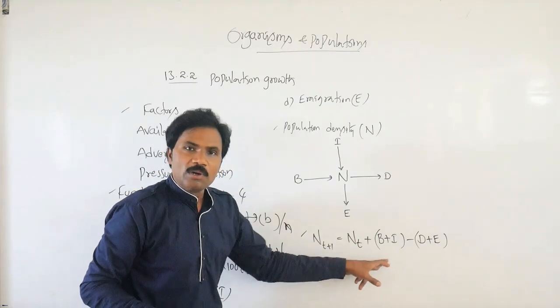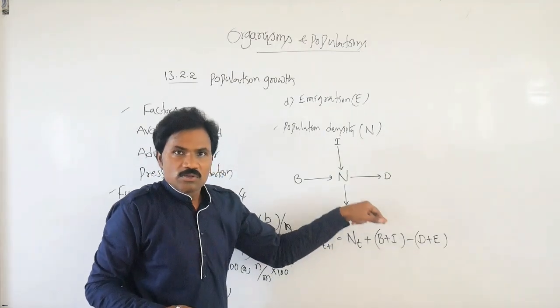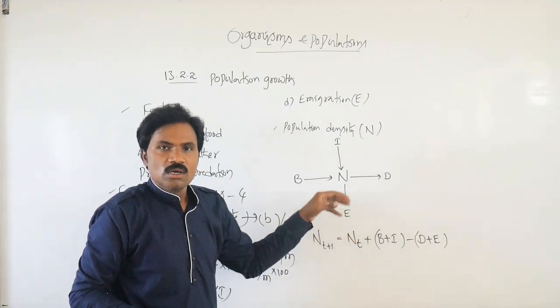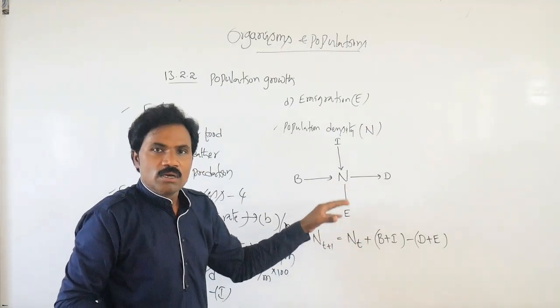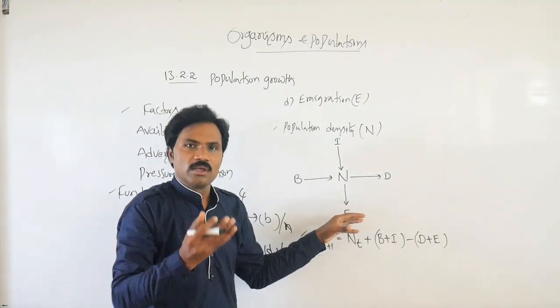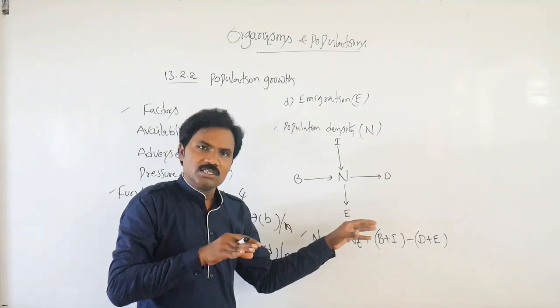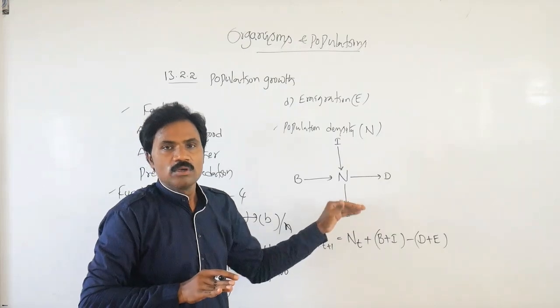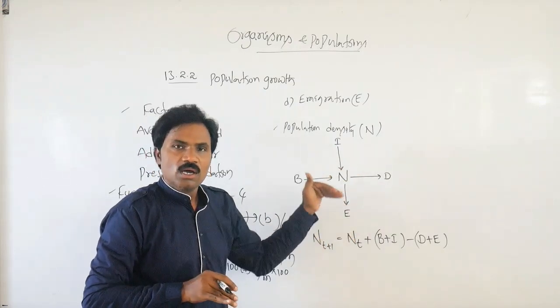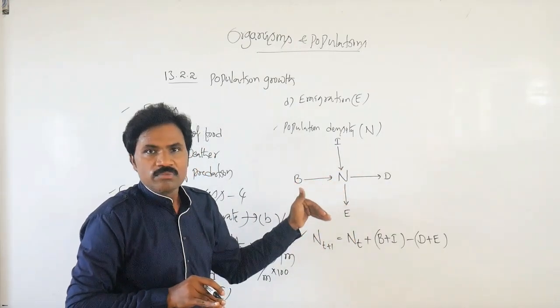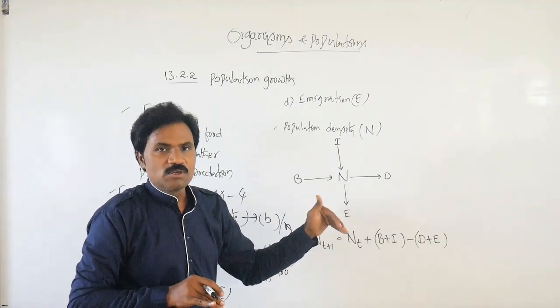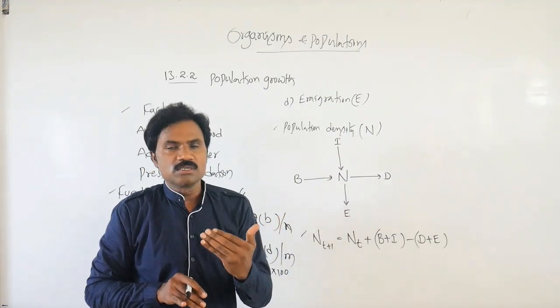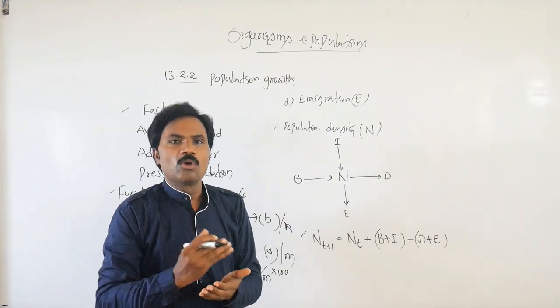It indicates population density. This population density represents very clearly that birth rate and immigration increase, and death rate and emigration decrease the population density. So, based on population density, they give different types of population growth models.